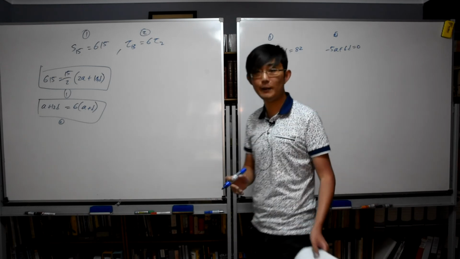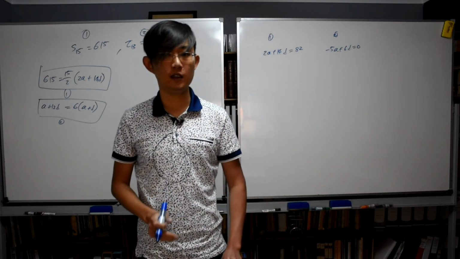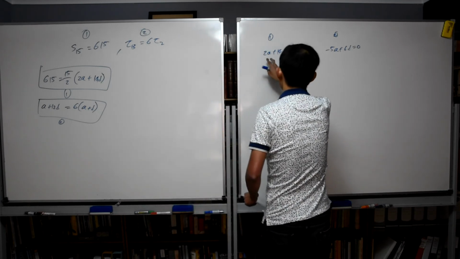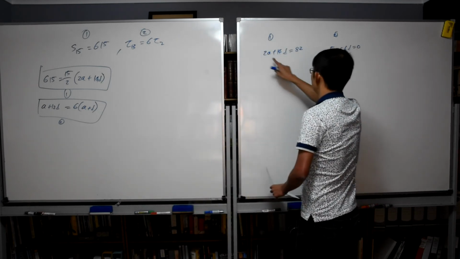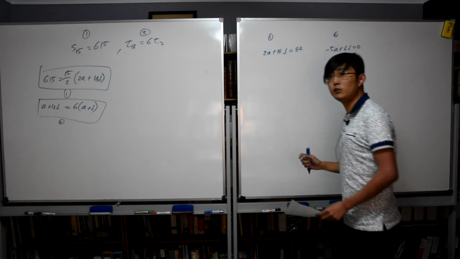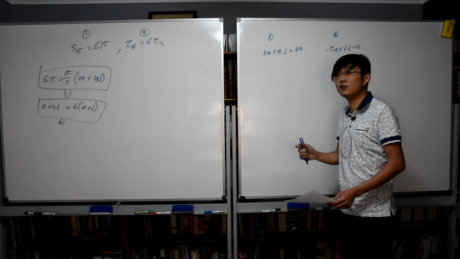Now, if you remember anything from middle school maths, if we have two equations with two unknowns, in this case a and d are the unknowns, we need to solve them through simultaneous equations.